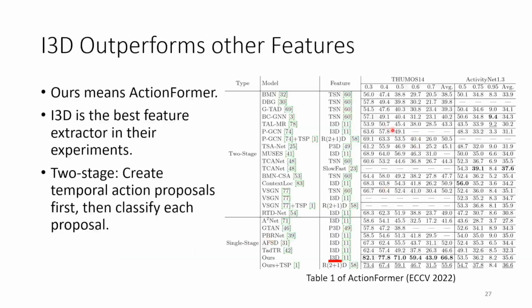Okay, so this is the value of the mean average precision. So what is the 82.1? In fact, this is 82.1%.